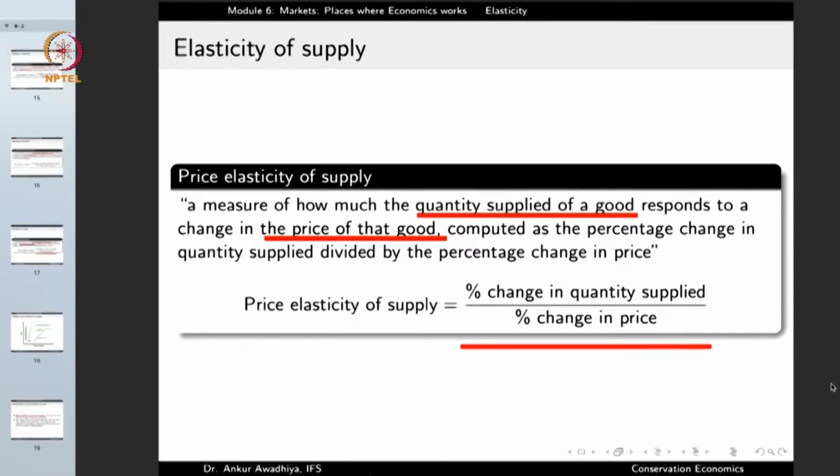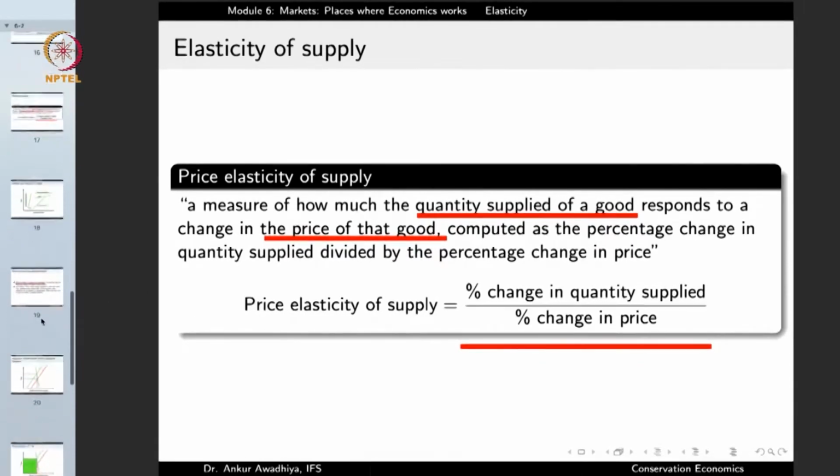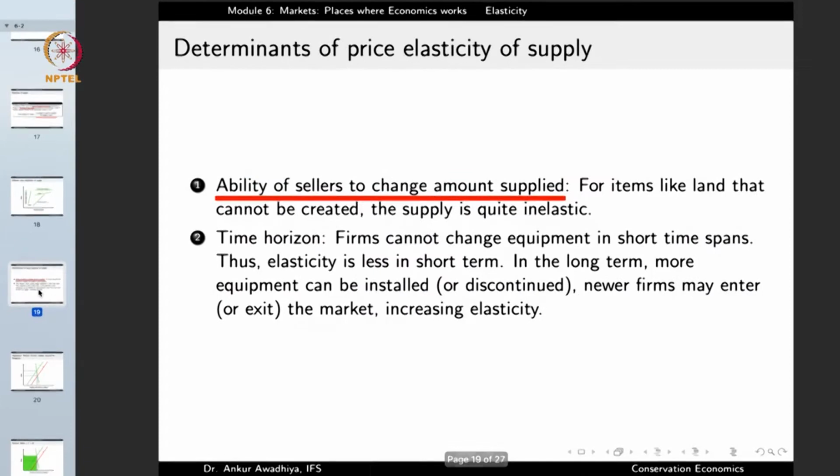So if the quantity supplied cannot be changed for a thing such as land that cannot be created, we will have a numerator that is zero. And in that case, the price elasticity will be zero, or that would mean that it is completely inelastic. So the ability of sellers to change the amount that is supplied governs the price elasticity of supply.